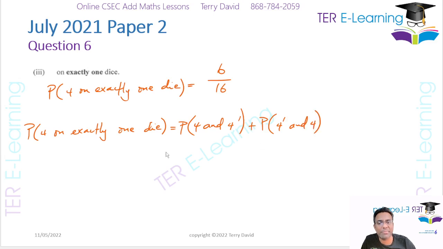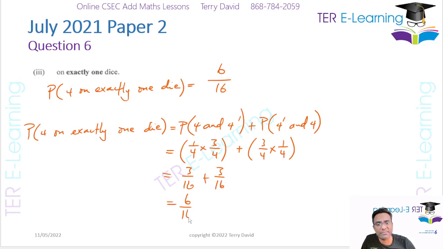Those are my possibilities here. So in this case it'll be a quarter multiplied by 3/4 plus 3/4 multiplied by a quarter, which is 3 over 16 plus 3 over 16, and you're going to get 6 over 16. So again, the diagram is the easier option to go with.